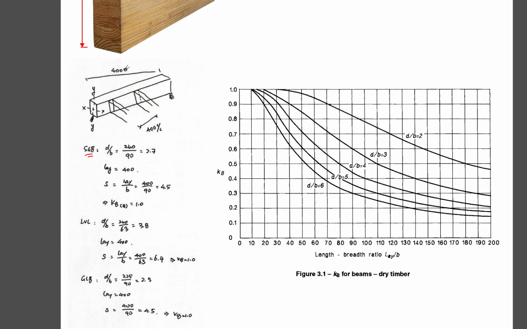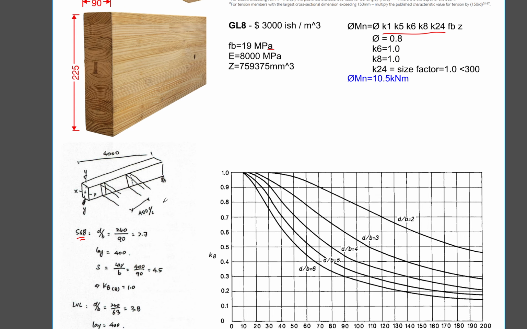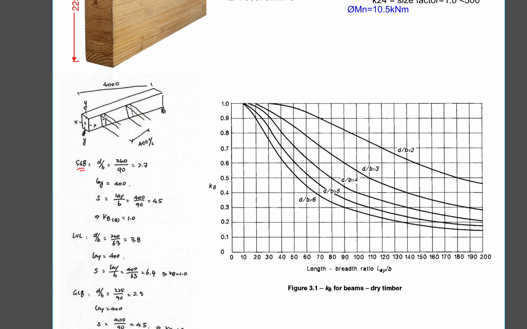Major axis would be 4. In this case here, we are worried about the bending towards the minor axis. So what are the elements restraining the minor axis from twisting, from rotating? In this case, we've got joists at 400 centers. These joists are providing the lateral restraint to my beam.